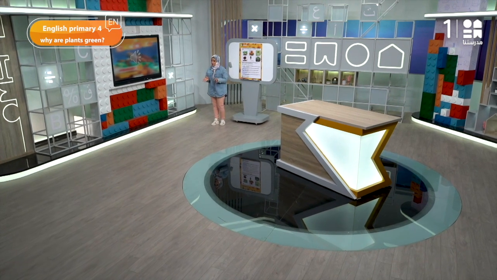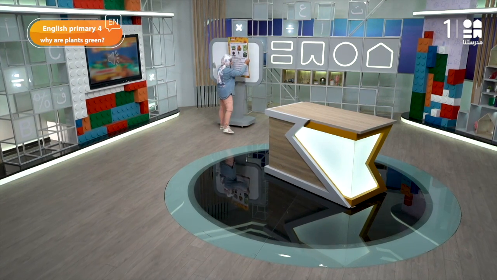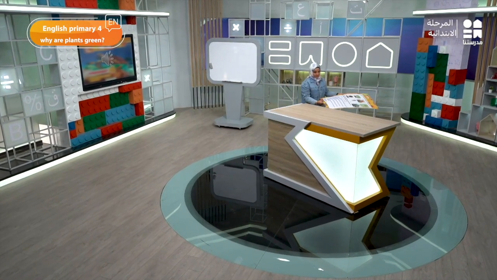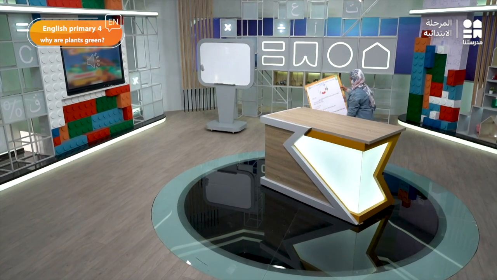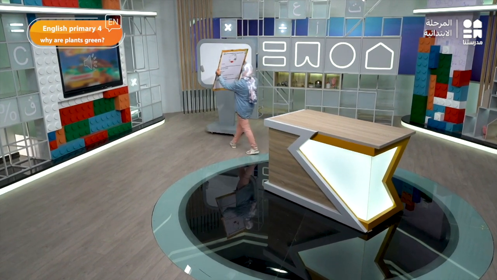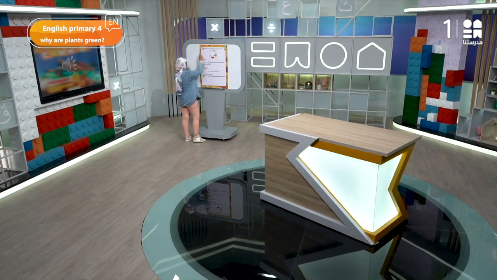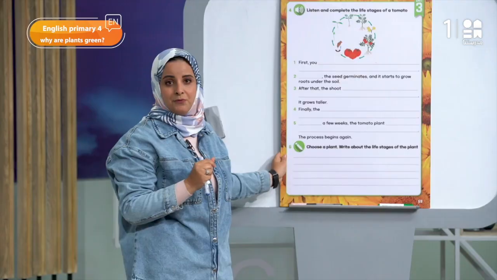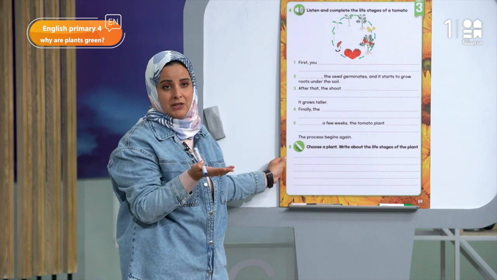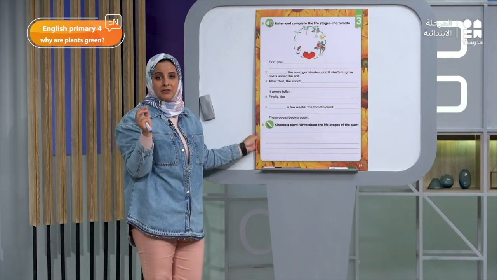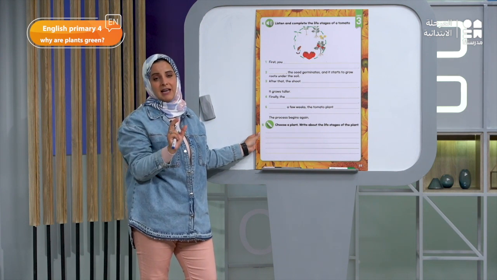Now let's open our books, page 59. Let's read exercise 4 together. Look at the diagram of the life stages of a tomato. وبرضو كلمة tomato أو tomato, the difference in the British and the American accent.